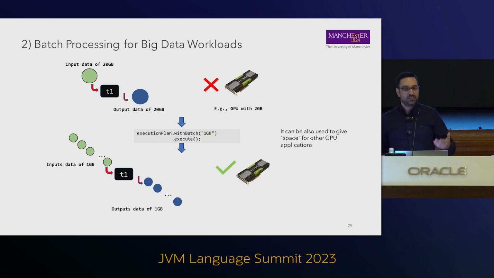Well, we can tell the user, do all this batching by yourself. But in Tornado, we enable this in an automatic manner. Through the execution plan, we say with batch, and then we pass a size. And then TornadoVM automatically will batch this for you. This works well for 1D kernels, for example, with this type of code.